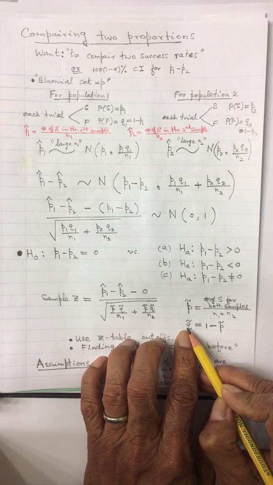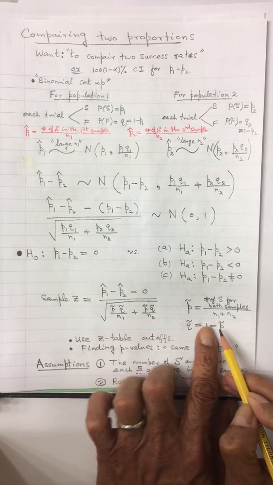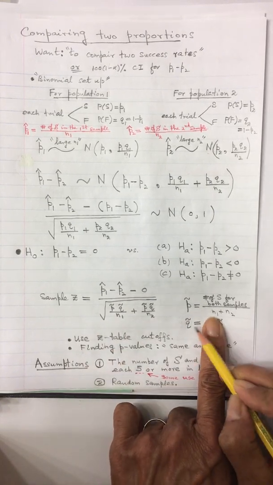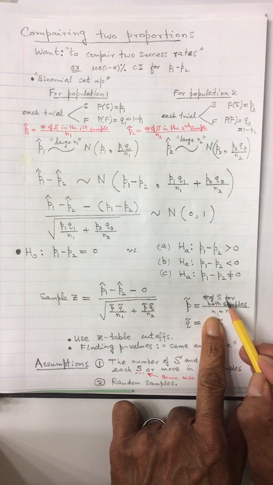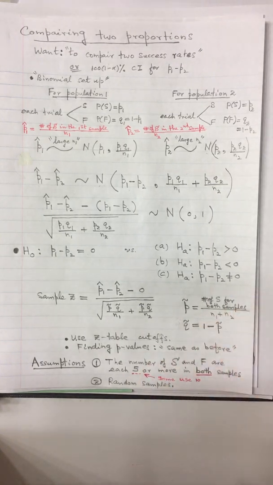The q tilde is 1 minus p tilde. Or the other way around, q tilde is the number of failures in both samples divided by n1 plus n2, which is the same thing.